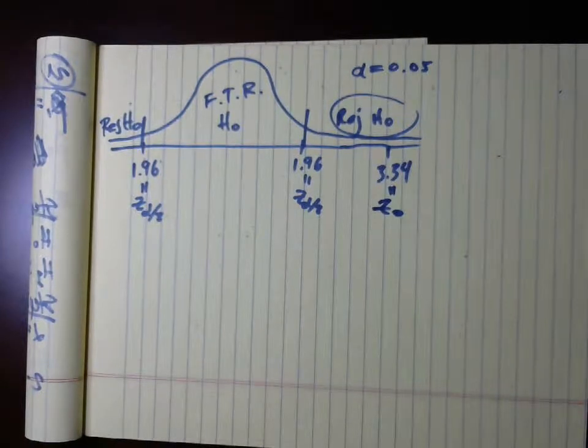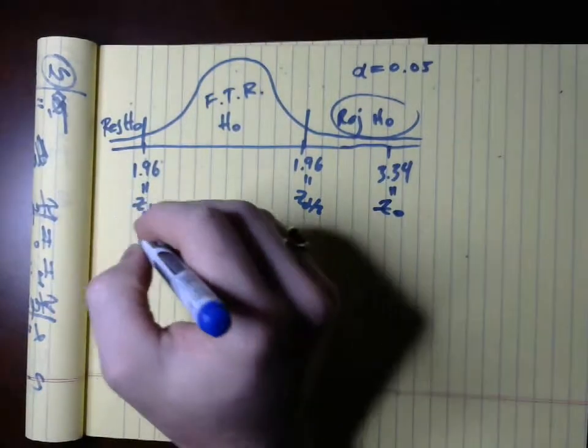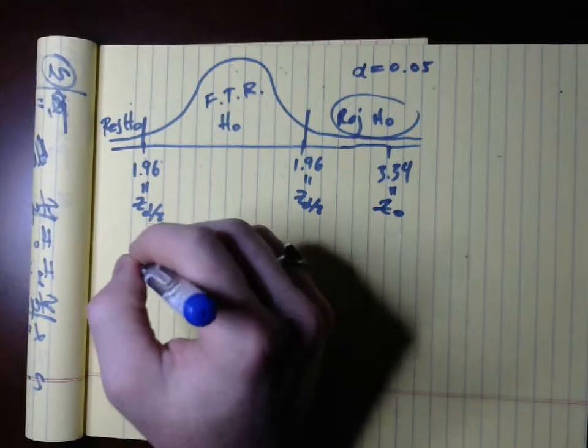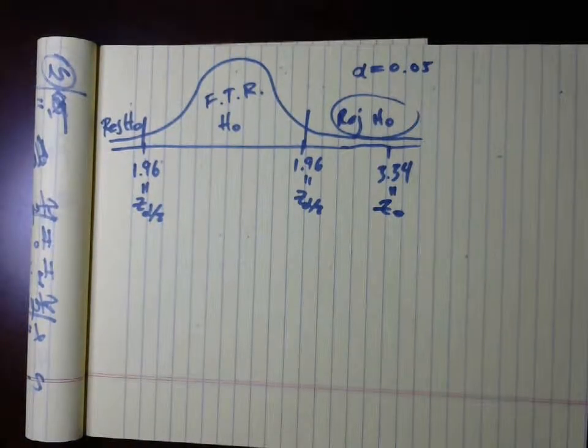And again, the flowchart: does the statement have the condition of equality? And as we can see, if we read the problem, and this can be a little bit tricky, we'll just read it. Has the proportion of adult Americans who totally abstain from alcohol changed? So they're saying, has it changed? So they're saying it's not the same.